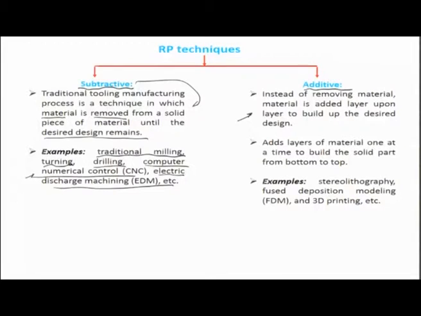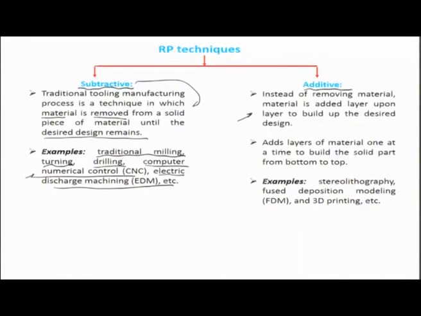That gets eliminated in this case once you are adding on, because you can add the desired amount of deposit, rather than an extra amount and taking it off. So that's one principal reason for going the additive way in the manufacturing domain.